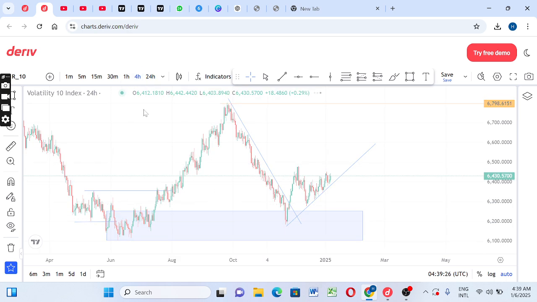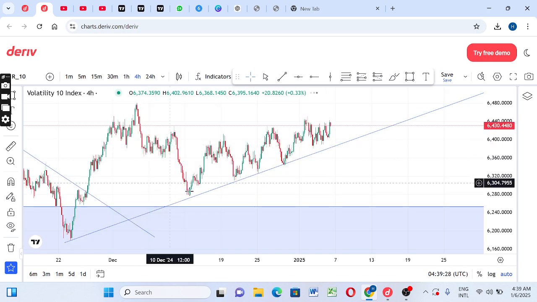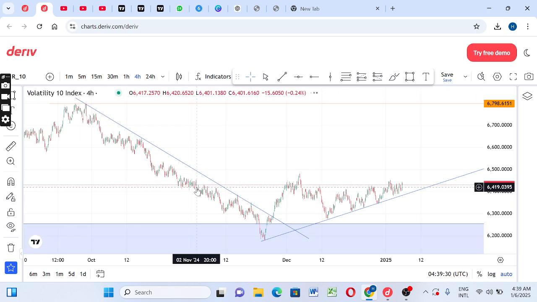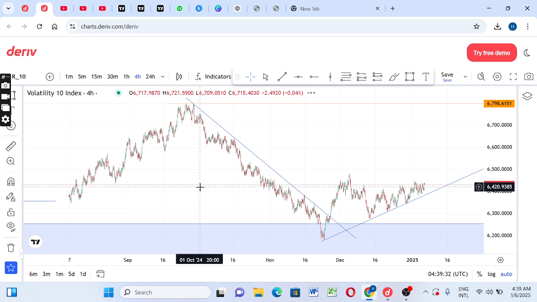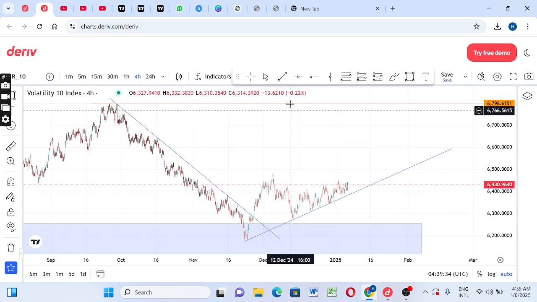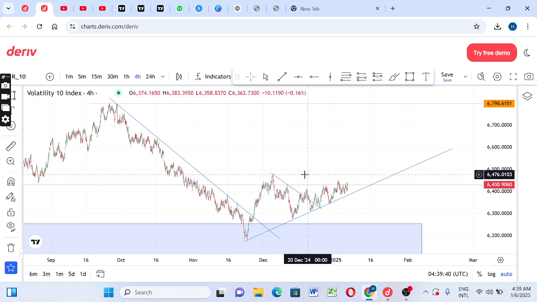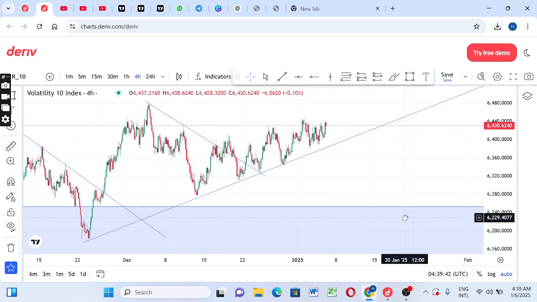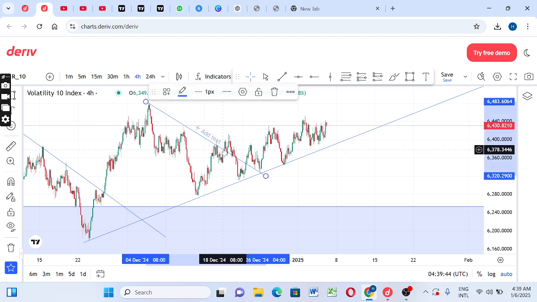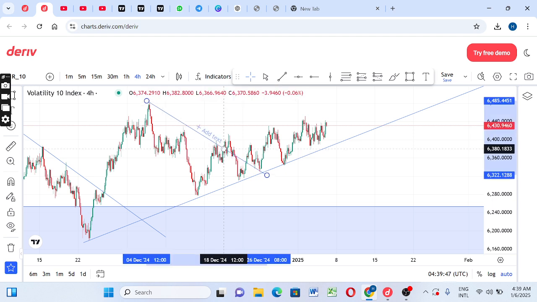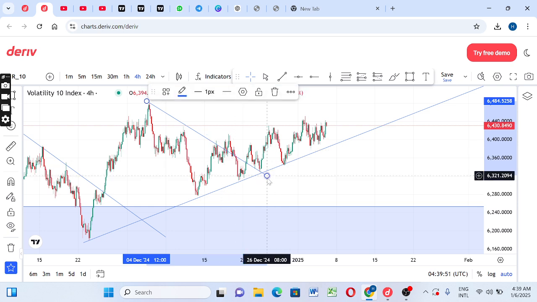Now we go to the 4 hours time frame. On the 4 hours time frame, one thing we can easily pick out is this point from this point to this point, and you can clearly see that we had a break of trend line.